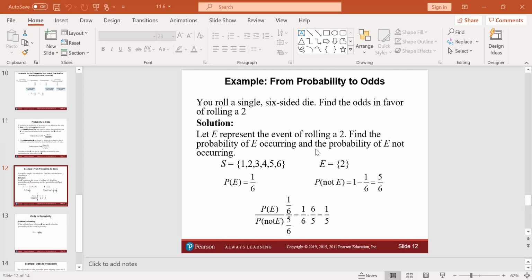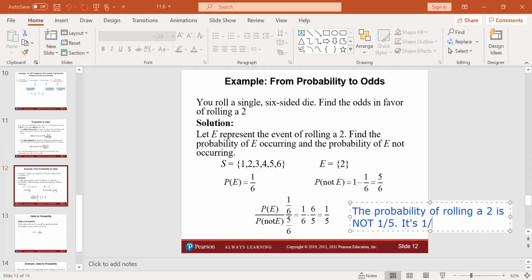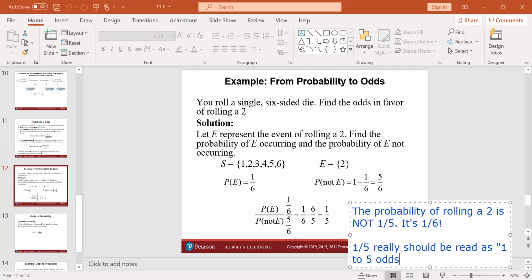The probability of rolling a 2 is not 1/5. It's 1/6. 1/5 really should be read as 1 to 5 odds in favor of rolling a 2. There's one chance that goes your way, rolling a 2, compared to 5 that go against your way.